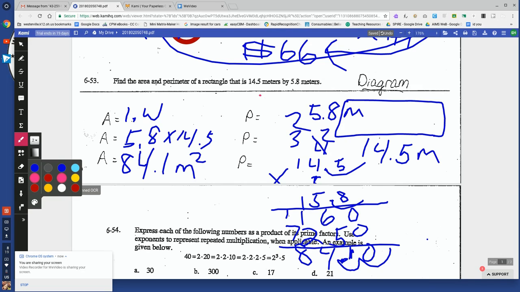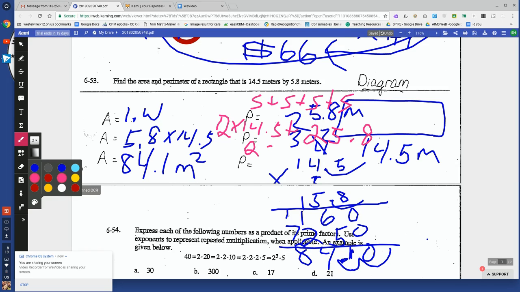So the formula again is side plus side, or 2s plus 2s. Doesn't really matter, same thing. So again, if I take my 2 times 14.5 plus my 2 times 5.8, because I'm running out of room. 14 plus 14 is 28, plus a half and a half is 29.